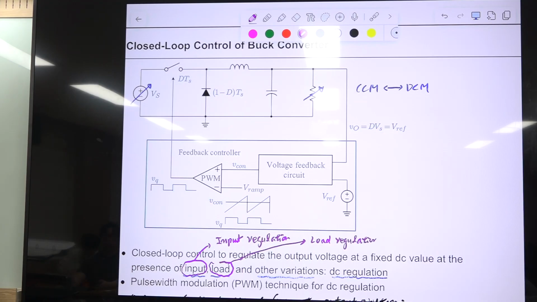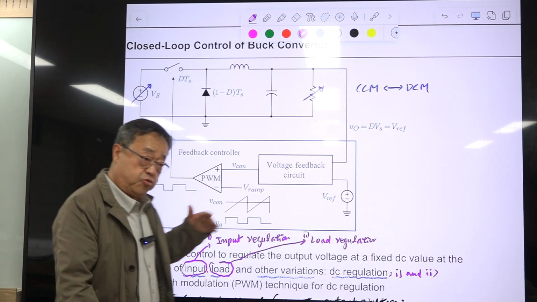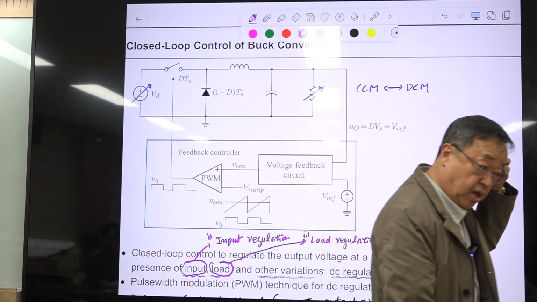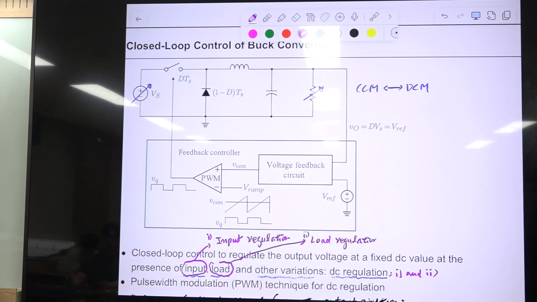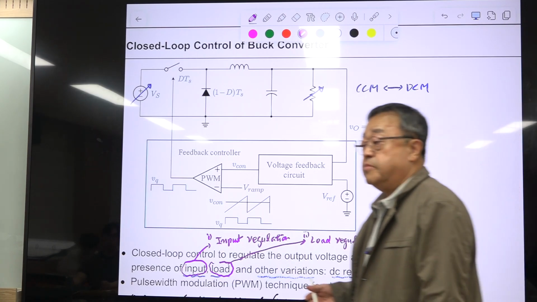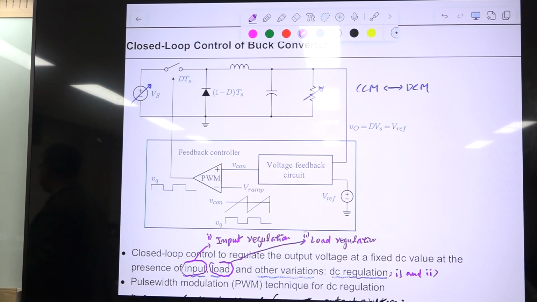Maybe this DC regulation implies this one, 1 and 2 all together, or this one, 2. When you are talking about DC regulation, you are maintaining the output voltage at a constant DC voltage in the steady state in the presence of any variation in the operational condition of the converter.